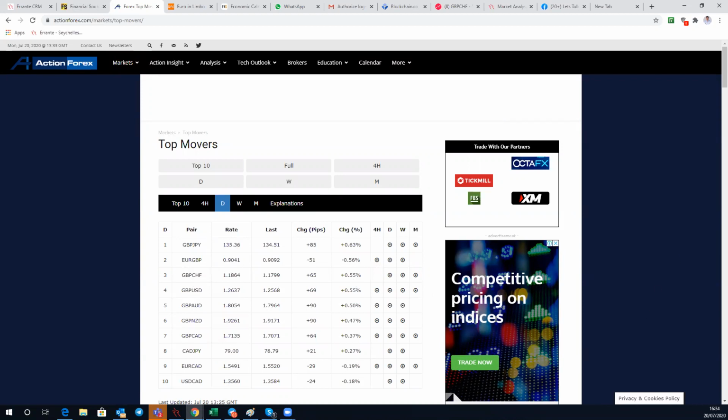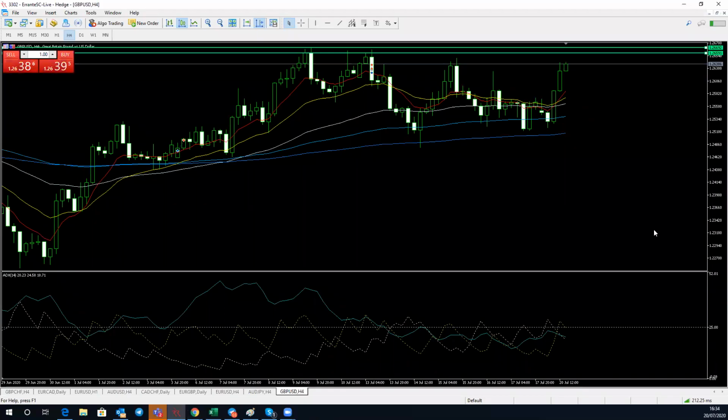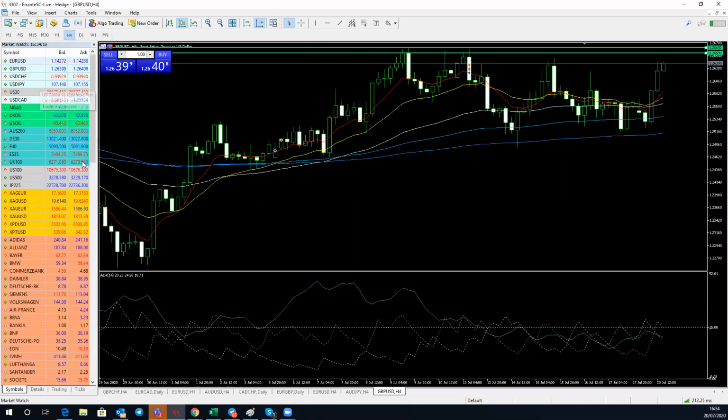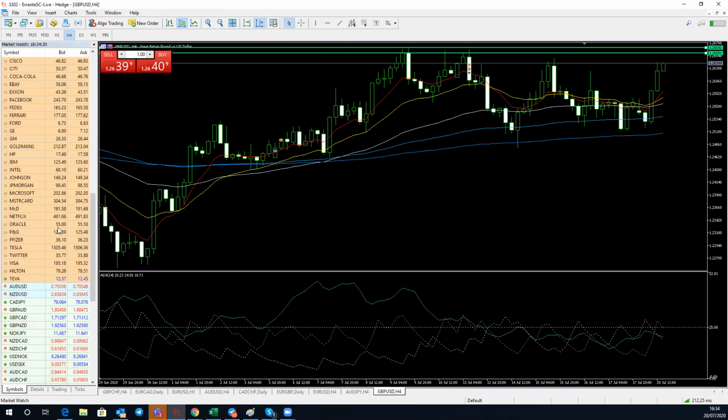So here we go. We have got a very strong uptrend for GBP CHF. We need to confirm now, hence the reason we need to look at it using our strategies as well.